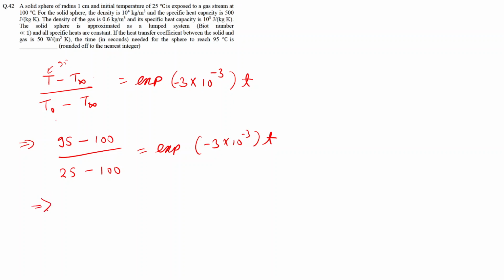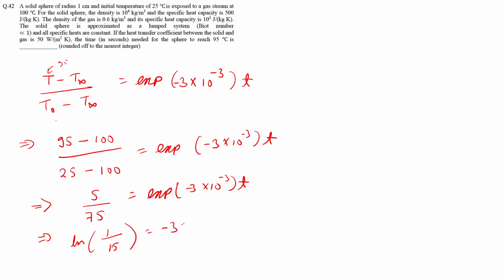So this we can write as 5 by 75 is equal to exponential of the same term. We can take log on both the sides and that will give us ln of 1 by 15 is equal to minus of 3 into 10 raised to minus 3 into t.